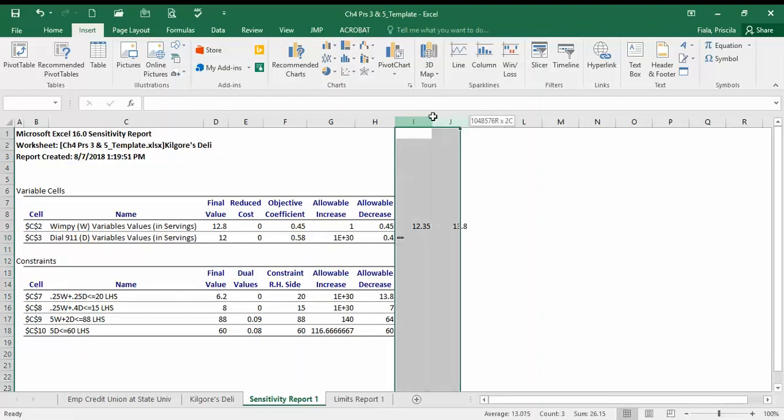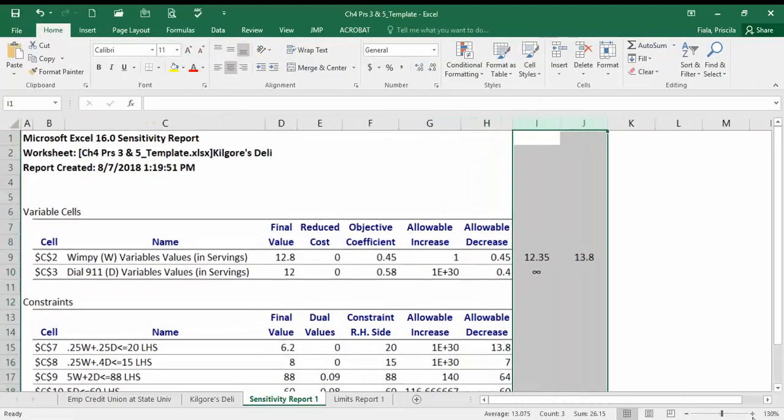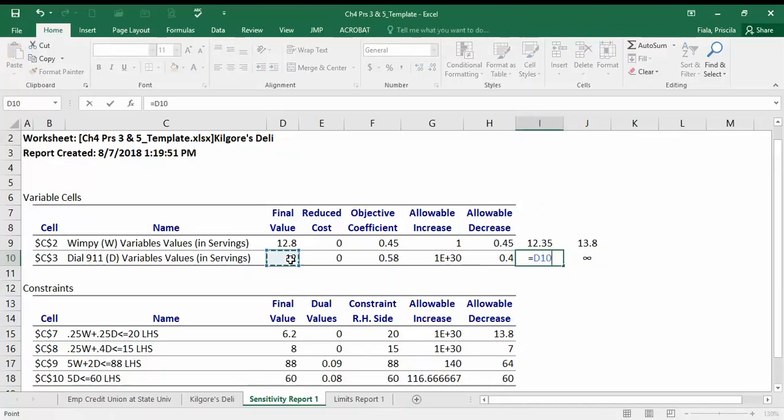Okay, so let me put this in the middle and make it a little bigger. There we go. So now actually I just did it wrong. I wish this was the other way around. This is for my increase. Okay, for my decrease equals 12 minus 0.4.